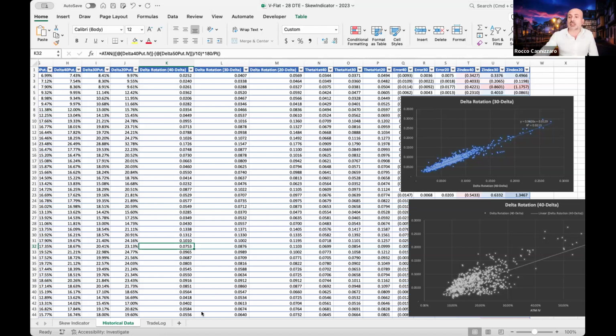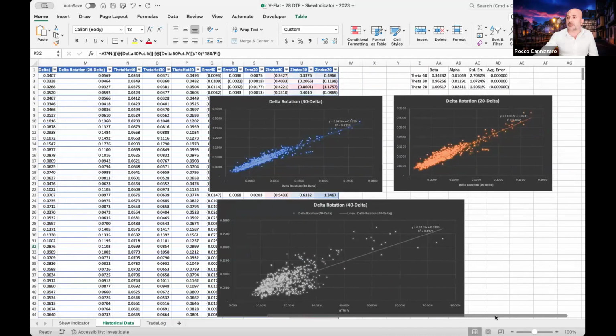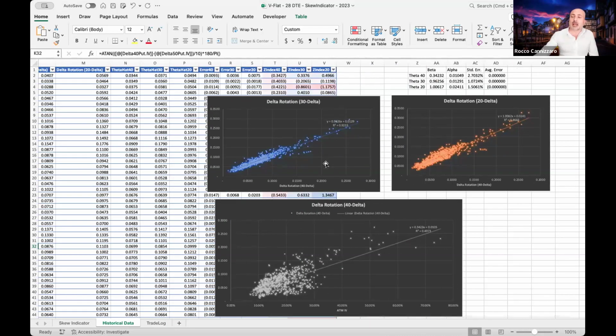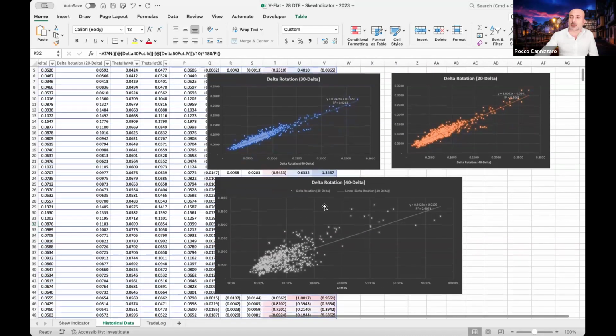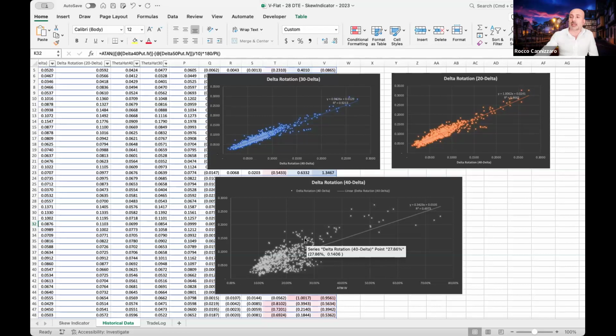And in this chart, let's start with the one at the bottom. Every single one of these dots shows the rotation that was calculated for the 40 delta strike, the strike at delta 40, when the corresponding at-the-money volatility was a certain value.